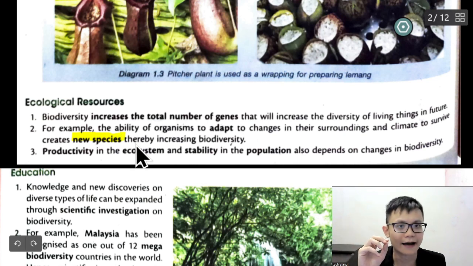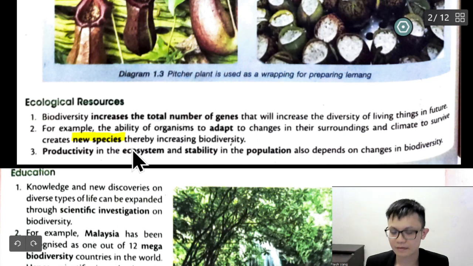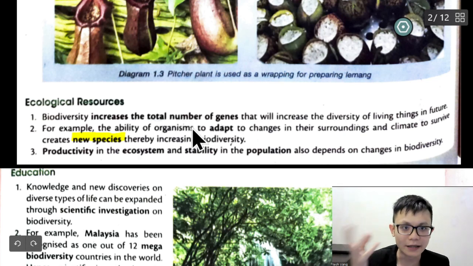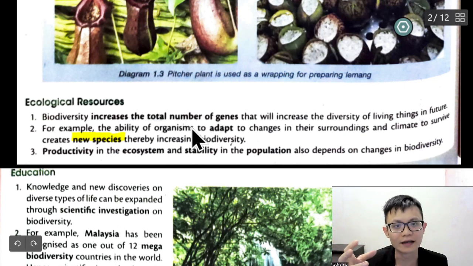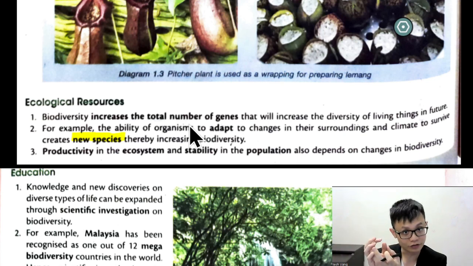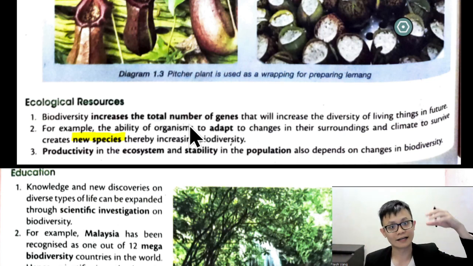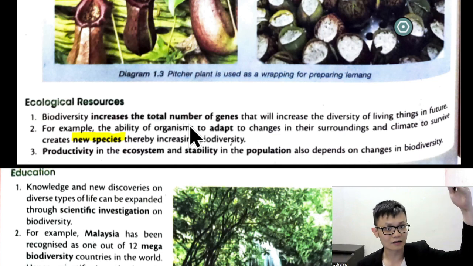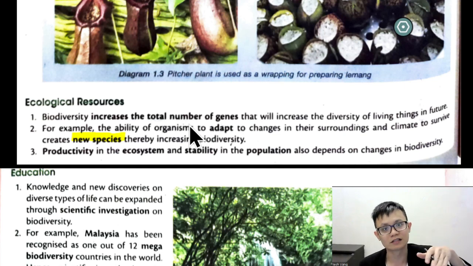For example, a rose. From a red rose and a white rose, sometimes you will create a pink rose, and then the pink rose sometimes will adapt to a higher, colder place, or sometimes towards lower ground.